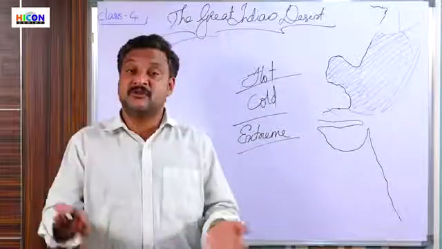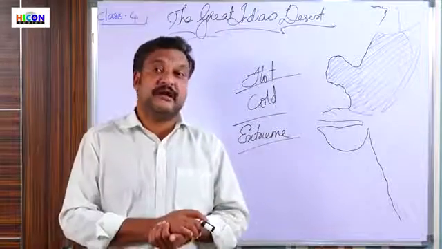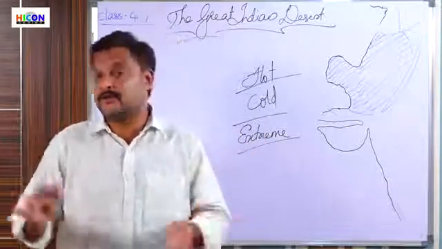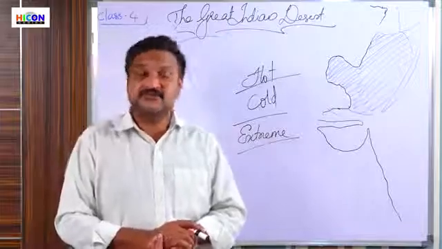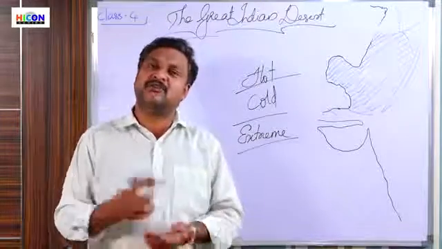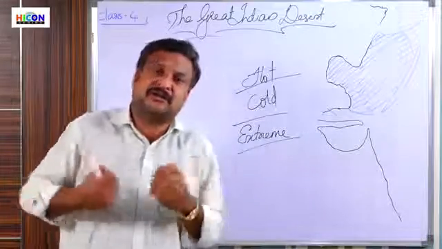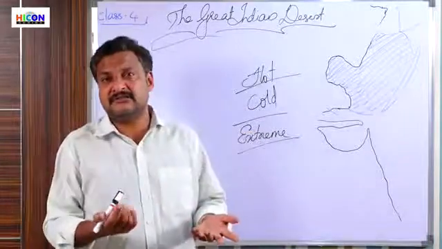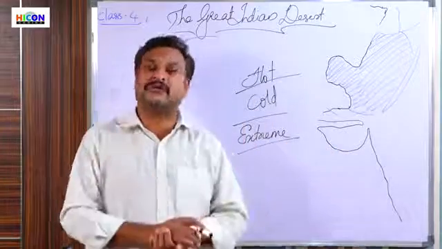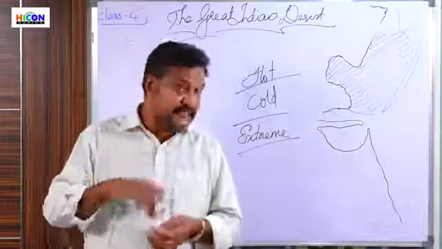Sand can absorb heat very fast and the sand can release heat also very fast. So during the daytime, the sand absorbs heat faster and becomes hotter and hotter. What happens? Deserts become very hot during the daytime. At night time, what happens?